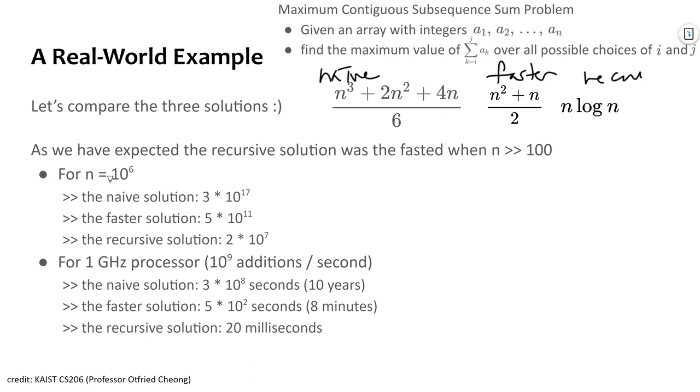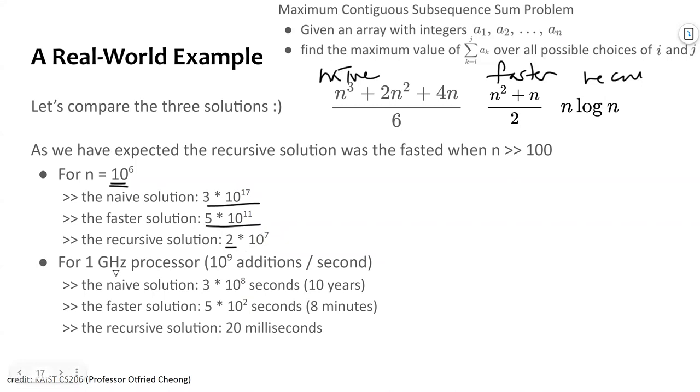And for n equals 10 to the power of 6, the naive solution requires 3 times 10 to the power of 17 computations, while the faster version requires 5 times 10 to the power of 11, whereas the recursive solution takes 2 times 10 to the power of 7.